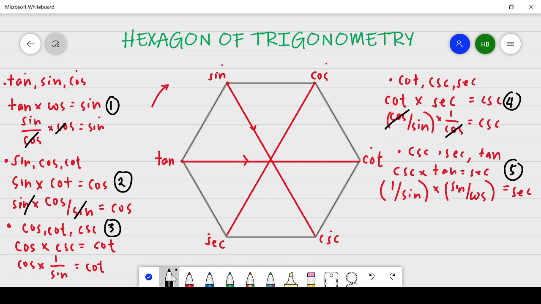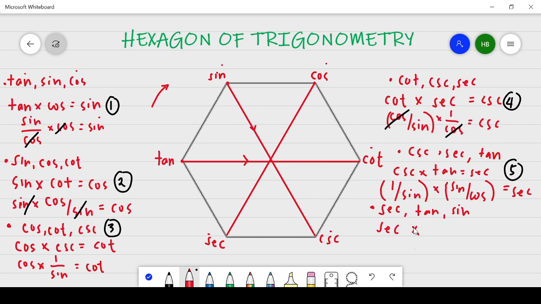Of course, last function for our clockwise approach, meron tayong secant, tama ba? Secant, tangent, sine. So, if we're going to multiply daw the first and third, our result will be second again.